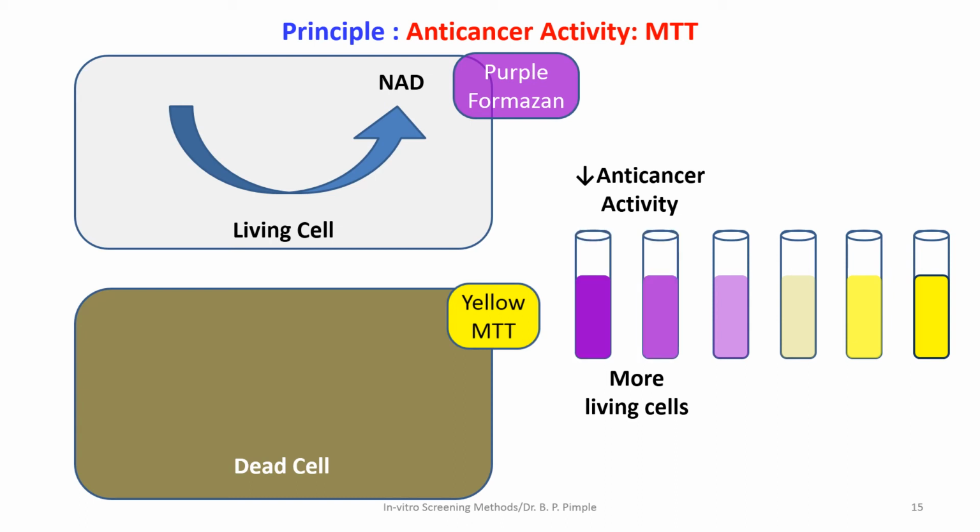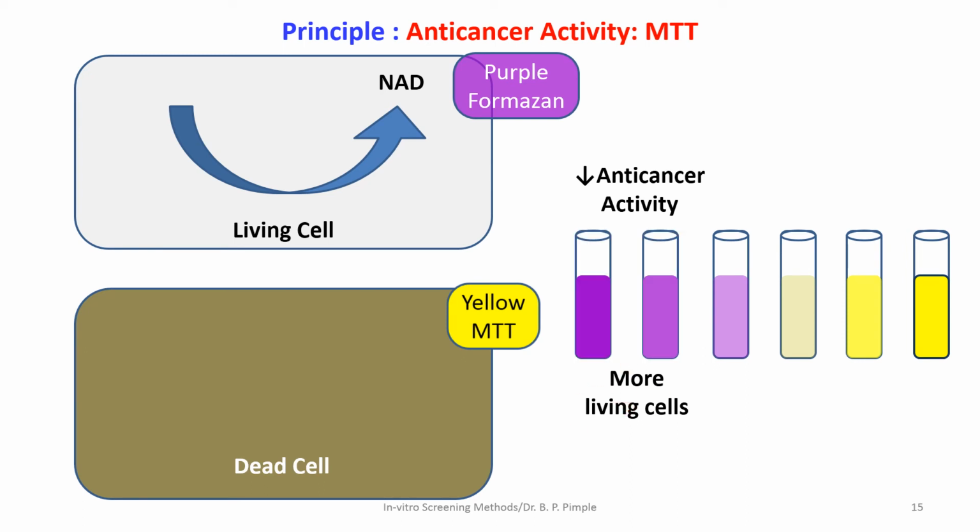Why more living cells are present is because only living cells are able to convert the yellow color dye into purple formazan. So living cells are more. That means our drug, which was intended to have anti-cancer potential, is unable to kill the cell. So the cells are live.